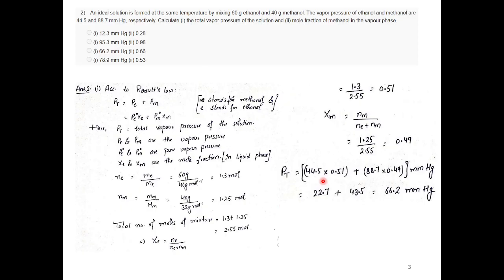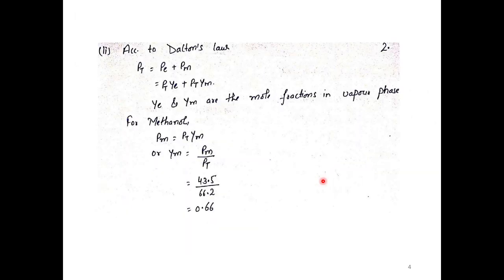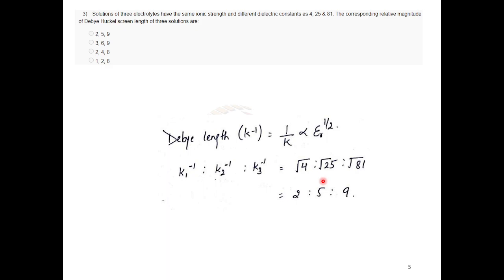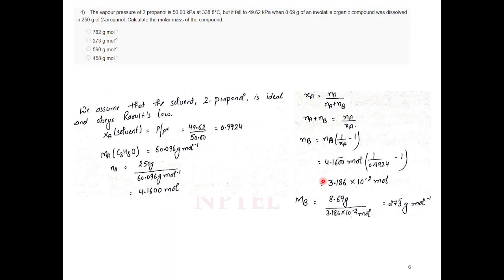We need to find these mole fractions and mole numbers, and from there you can do the calculations, and we get the partial pressure, the contribution of one of the components to the vapor pressure of the mixture with another gas. Now we have to find the value. This is very simple. You just need to take the root of this, and now we have to calculate the molar mass of the compound. This is a very easy way to do it.